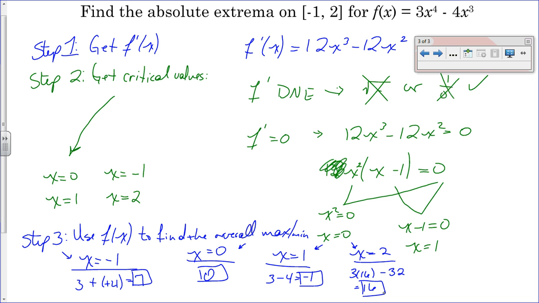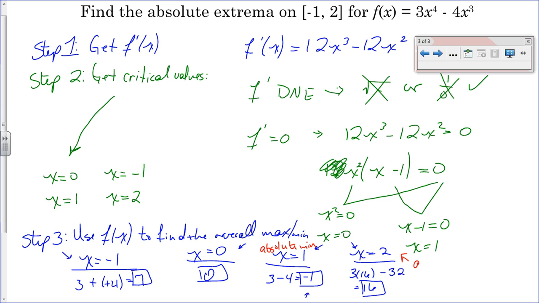All right, so where's the smallest? Well, the smallest looks like negative 1. So at x equals 1 is our absolute min, because that is our lowest value. And then we'd find our highest value. Well, that's at x equals 2.